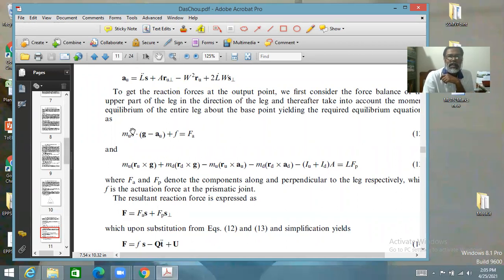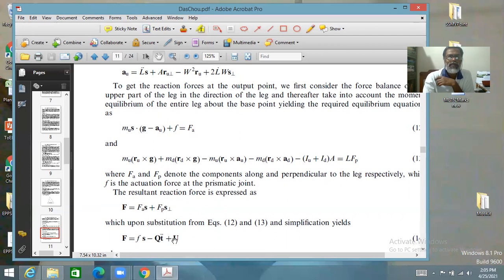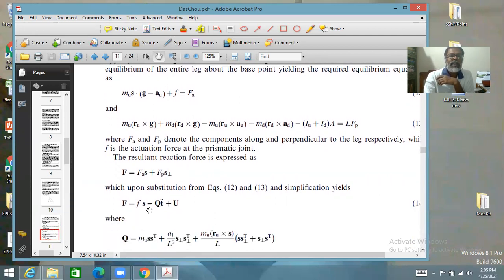Now, all these long and complicated expressions we put inside this FA and this FP, all these complicated expressions we put inside this, simplify through those rules, and that simplification results in this equation. Okay, where the actuator force gets involved here, acceleration of the end effector point gets into here, and this Q is some sort of partial contribution in the inertia matrix, which is this.